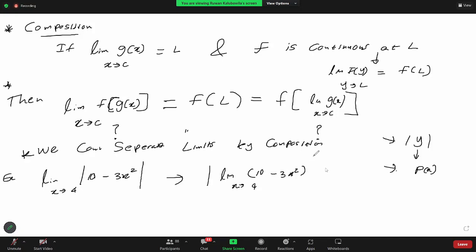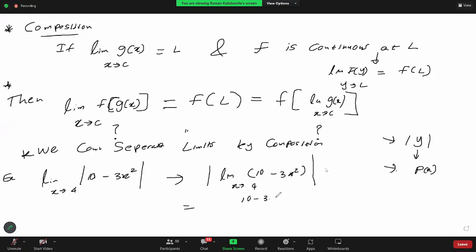If we write this one this way, it is very easy to solve because now this is a polynomial. We know how to find the limit of every polynomial. Just apply the value at that point because polynomials are continuous. Each and every polynomial is continuous, so we can just apply the value to find the limit.